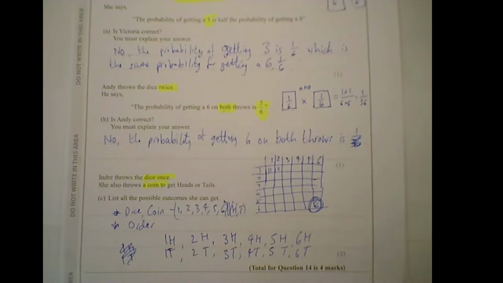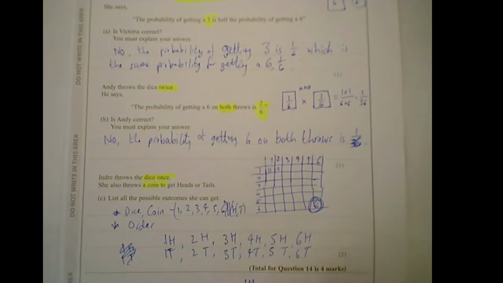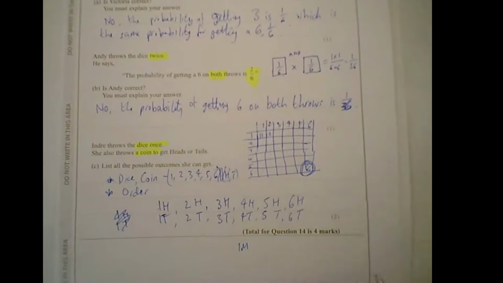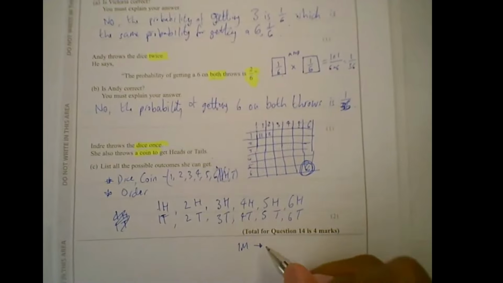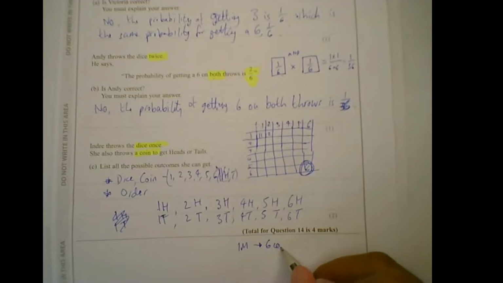So you can see there are 1, 2, 3, 4, 5, 6, 7, 8, 9, 10, 11, 12 combinations. And again, it's worth 2 marks. To get a method mark, I think you need to have 6 of them correct.